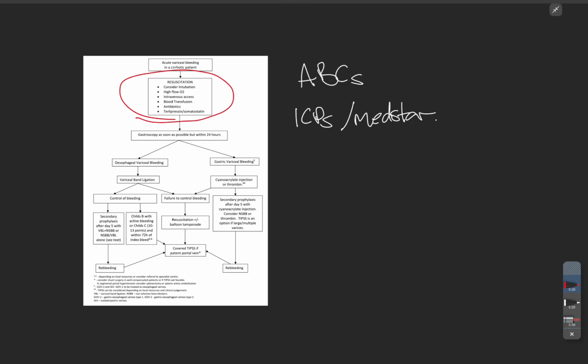Circulation and fluid resuscitation: the goal is to correct hypovolemic shock. We are to establish bilateral IV access with large bore cannulas. To begin fluid resuscitation, use extreme caution, because this is a delicate balance, and excessive fluid administration can paradoxically increase portal pressure and worsen the bleeding.